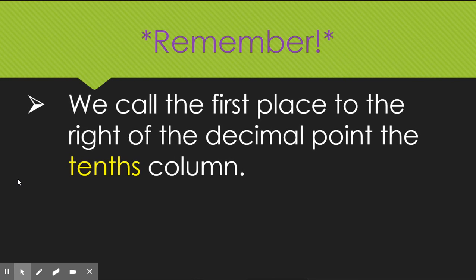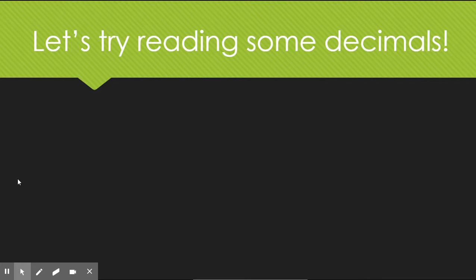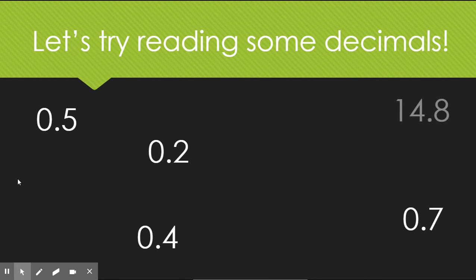Remember, we call the first place to the right of the decimal point the tenths column. We read the decimal point by saying "and." So we practiced reading these: 5 tenths, 4 tenths, 7 tenths, 2 tenths, 14 and 8 tenths. This one is different because before, we don't need to say 0 and 5 tenths.